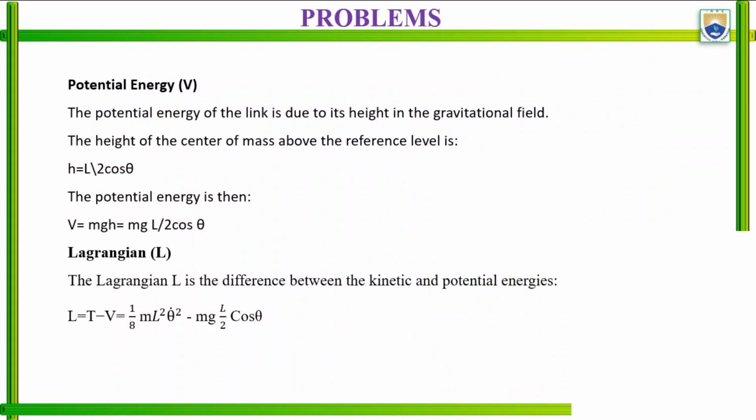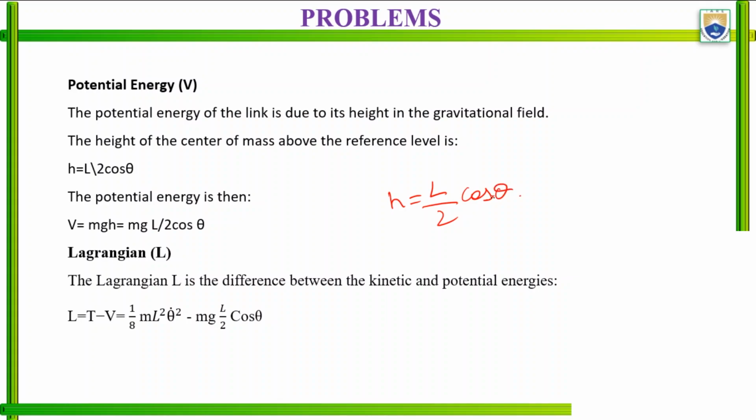How will we determine the potential energy with respect to the height from the center of the mass? The height h is written as L by 2 cos theta.